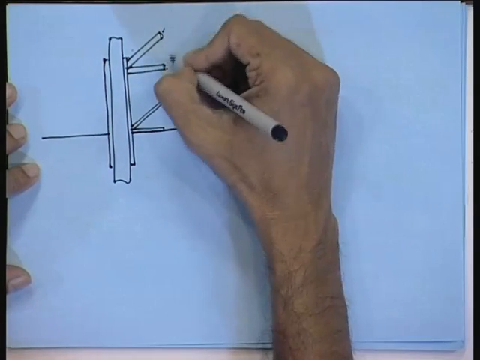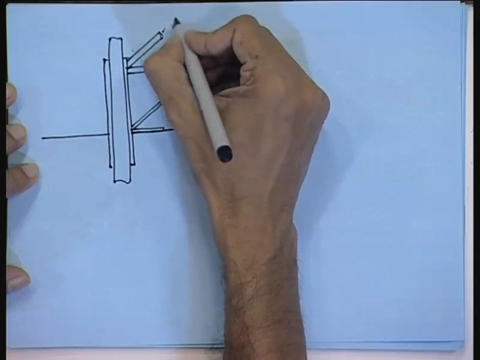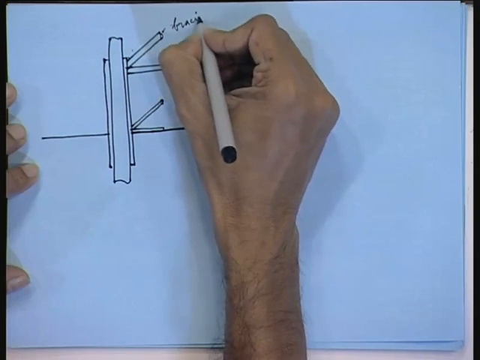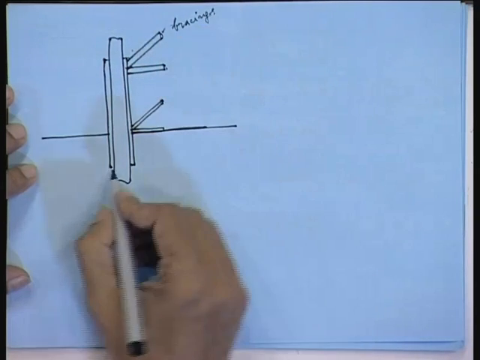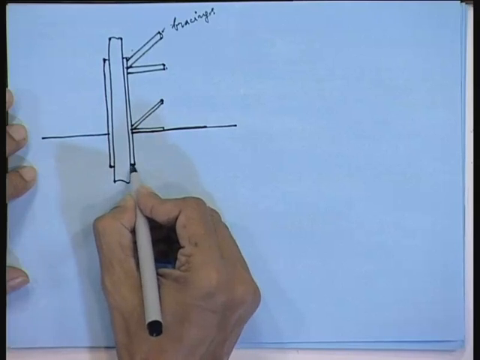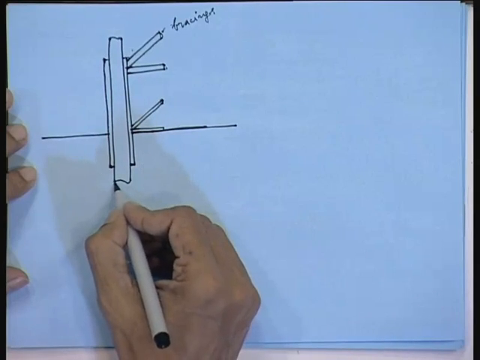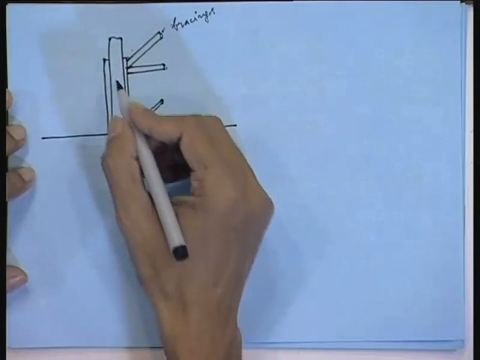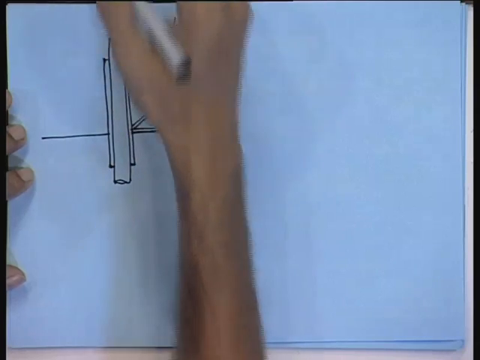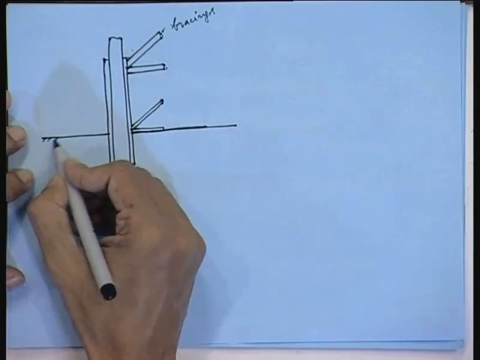So, these are your bracings. We are just looking at the part of the jacket which has gone down below the seabed. The other portion is extended. So, this is your seabed.